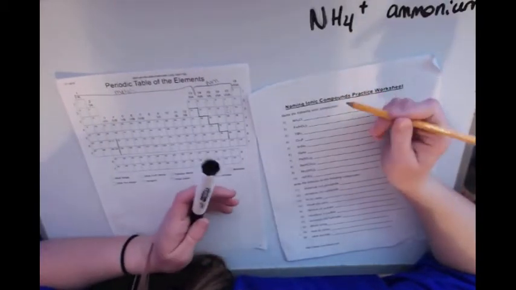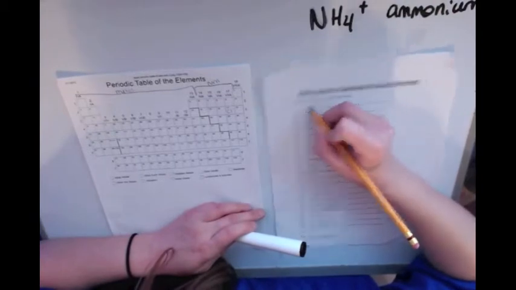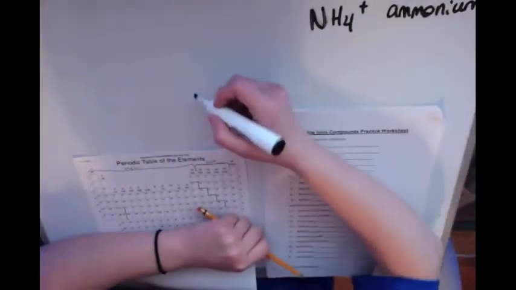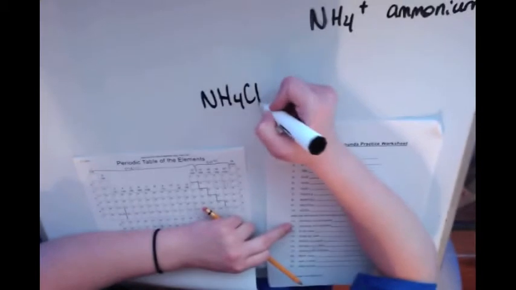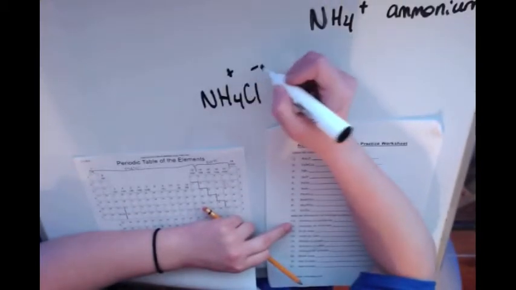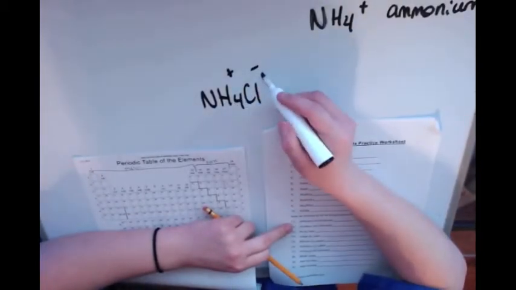because it gains negativity. So sometimes I just like to write the positive and negative signs above the ionic compound formula, molecular formula. So I would write plus and minus, right? Because that plus is with that and that minus is with that.